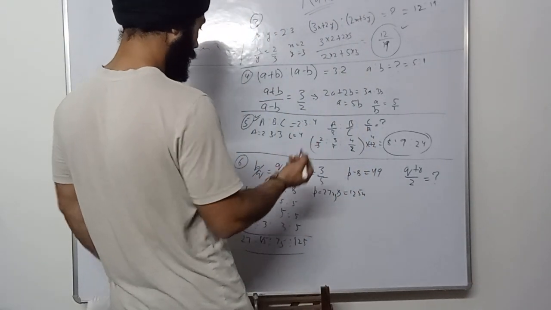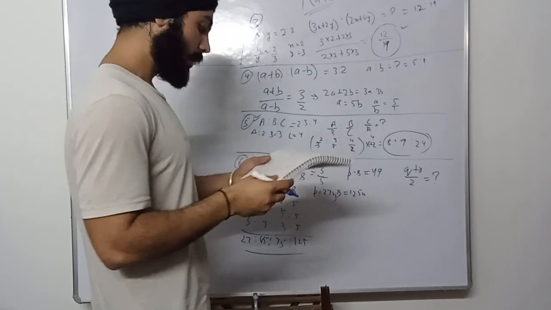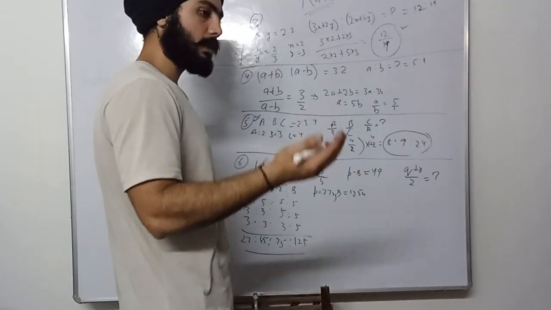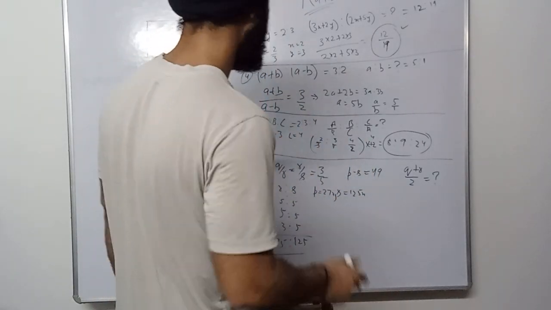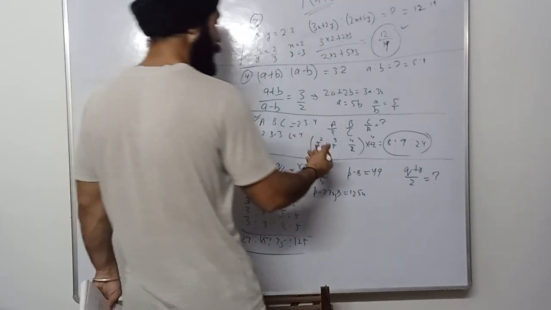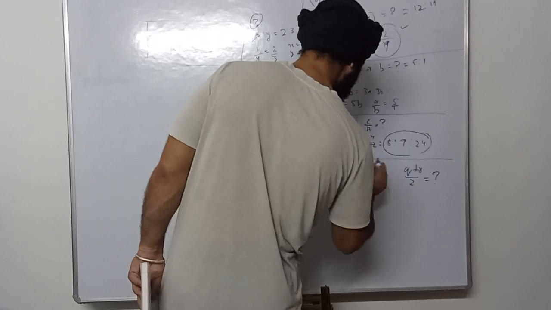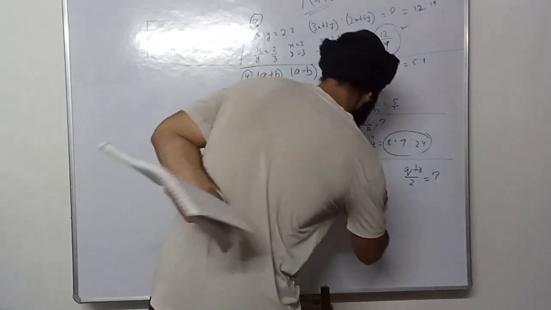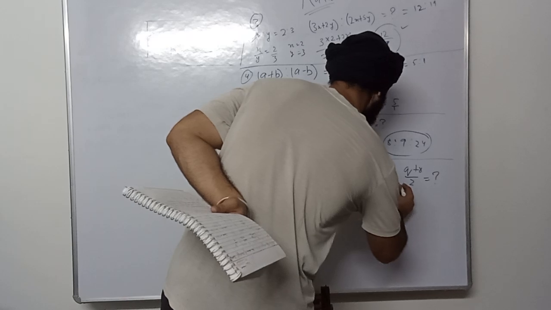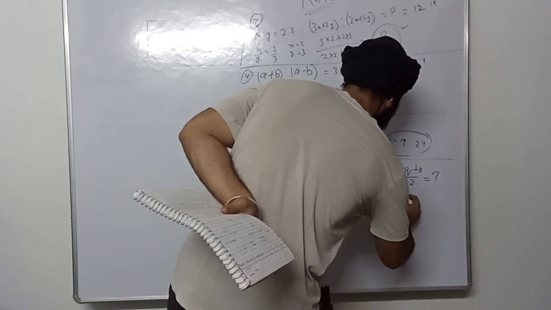The difference between P and S is given in the question. So difference between P and S is P minus S or S minus P, it doesn't matter. So here S is greater than P, so its value is not P minus S, it's S minus P. So S minus P is equals to 125x minus 27x, which is equals to 98x, which is equals to 49.